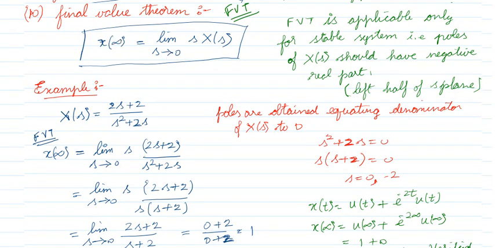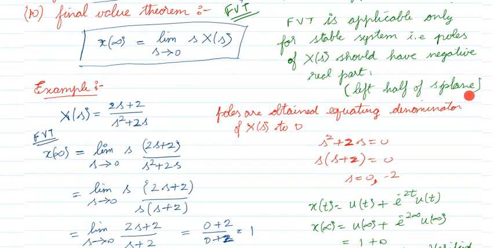But very important, we cannot blindly apply this, right? The final value theorem is applicable only for a stable system. That is, poles should have negative real part, that is, in the left half of the s plane. Poles are nothing but the denominator roots.